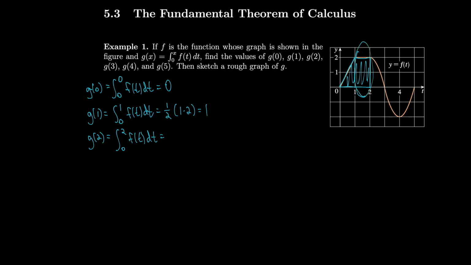So let's do that. We'll get the integral from 0 to 1 of f of t dt plus the integral from 1 to 2 of f of t dt. So that's 1, because that's what g of 1 was, plus the area of this rectangle, 1 times 2, so that's 3.